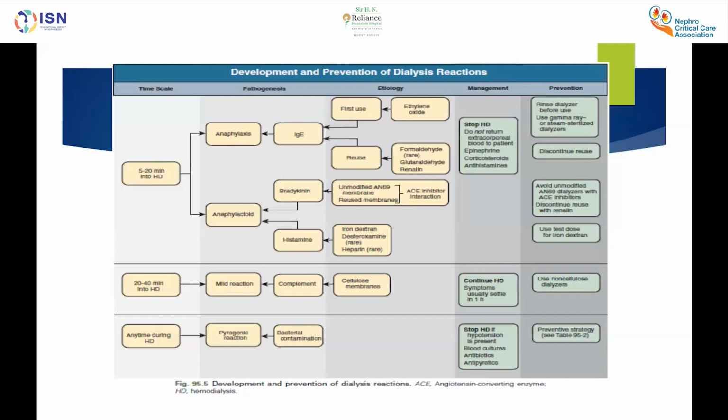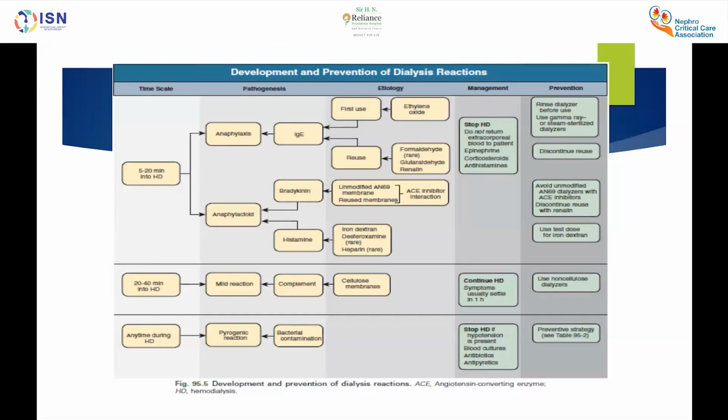Also, 20 to 40 minutes after starting the dialysis, you can see a mild reaction that can be complement mediated. So in such a case, you can continue the dialysis because symptoms would usually settle in 1 hour. And how do you prevent this is that you use non-cellulose dialyzer membranes.